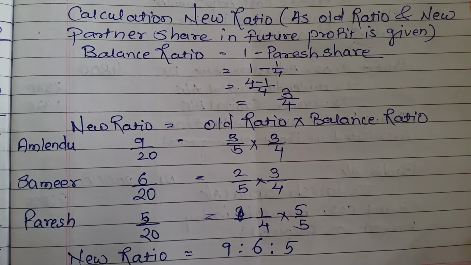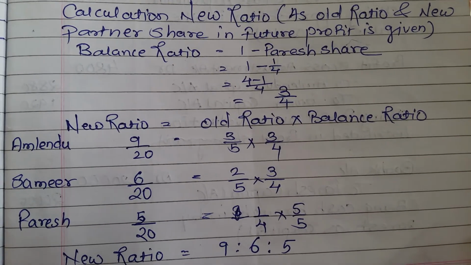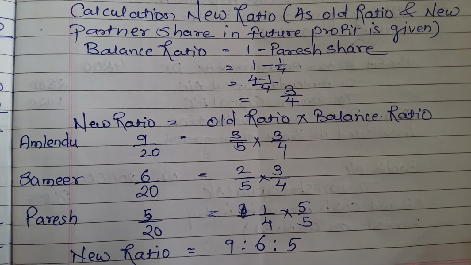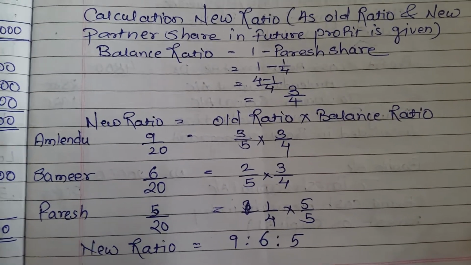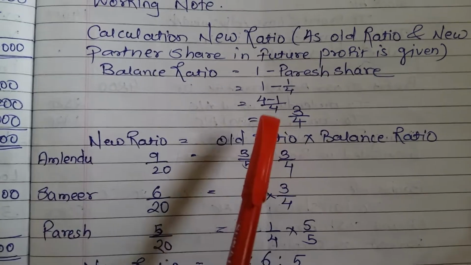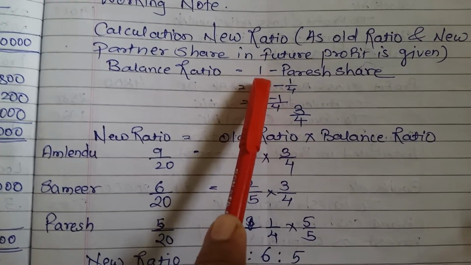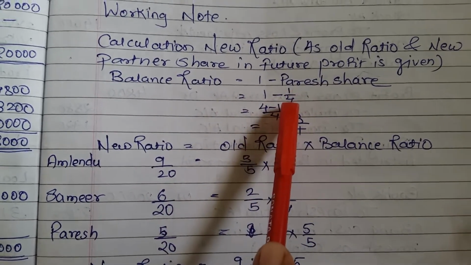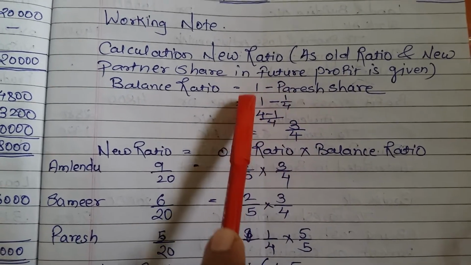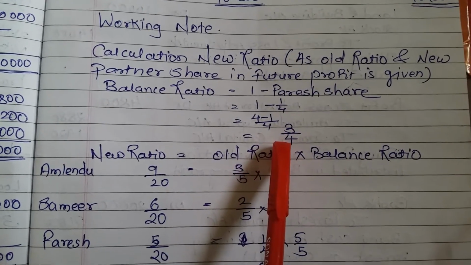The new ratio steps are: first, find the balance ratio, which equals 1 minus the incoming partner's share. Who is the partner? Paresh. So 1 minus 1/4 gives 3/4.